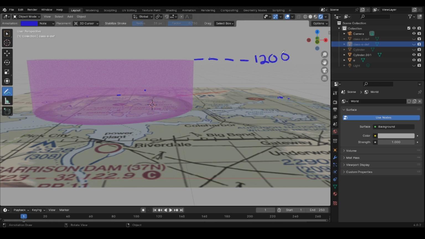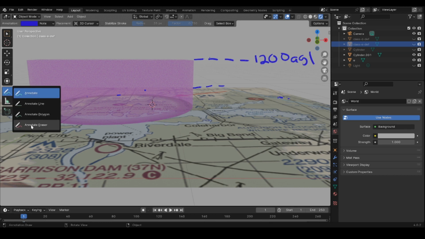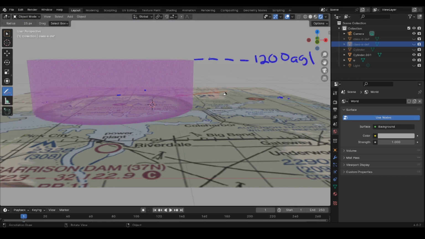So that's 1,200 feet AGL. And outside, here's my 700 feet, roughly here. But I'm not gonna worry about the 700 feet. I'll worry about that when I'm inside, because you know that 1,200 covers the 700 feet.